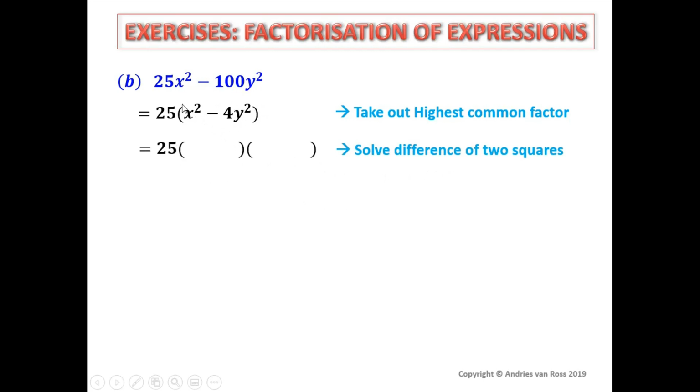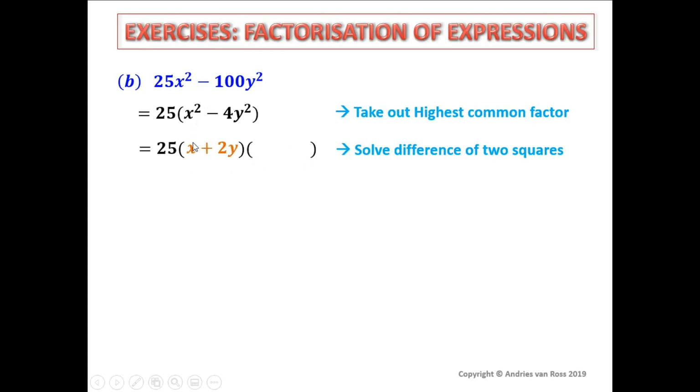So we've got our common factor still outside, and we're going to need 2 brackets, in other words, our 2 special binomials. And we know we take the square root of the first term and we put it in both these brackets.